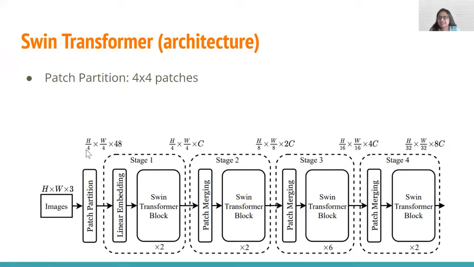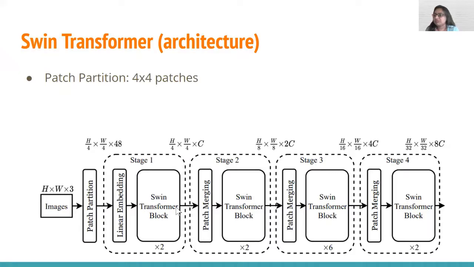So the output is H/4, which is the number of patches, and 4 is the size of each patch. Then linear embedding is just a normal FC layer to get the output. The size is C, and there are different variations of Swin transformer mentioned in the paper, and basically the value of C is different in all of them.